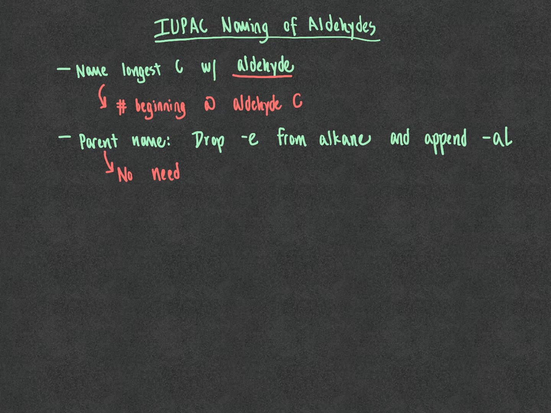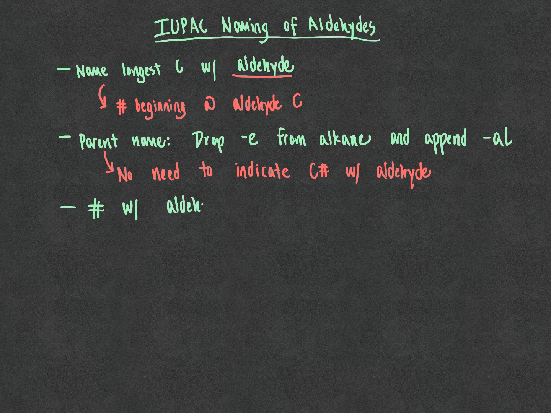It will always be at carbon number 1, because we start numbering the chain, in other words, from the aldehyde group. So when we find that longest carbon chain, once we've identified the parent name, we're going to number with the aldehyde carbon as carbon number 1.